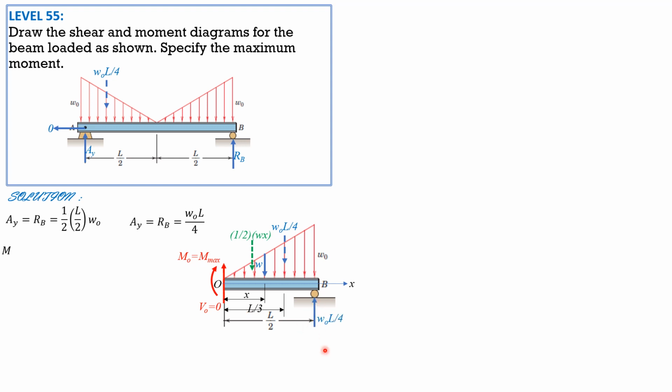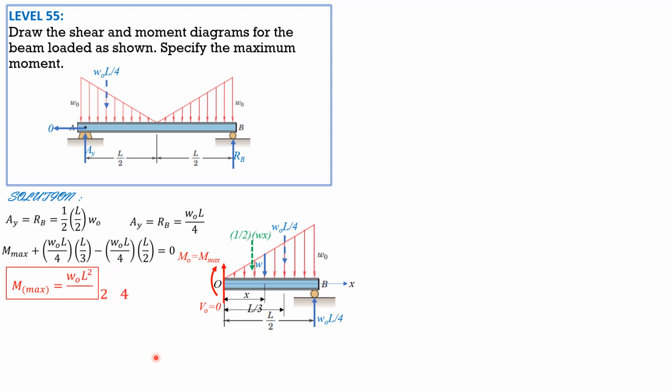So that's WL over 4. Mmax plus WOL over 4 times L over 3, then minus WOL over 4 times L over 2 equals 0. So Mmax is equal to WOL squared over 24. So that's the maximum moment.